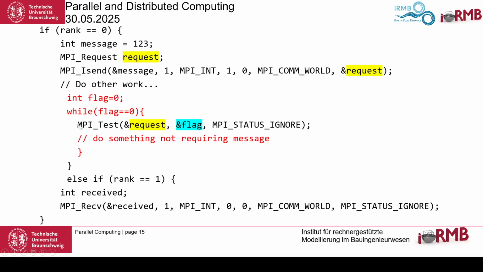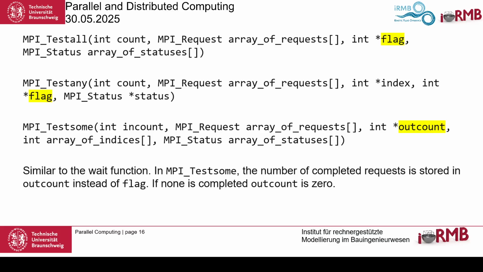Once it has been received, as non-zero, you get out of this loop and then you know that it has been received. So similar to waiting, there is also test all, test any, and test some.